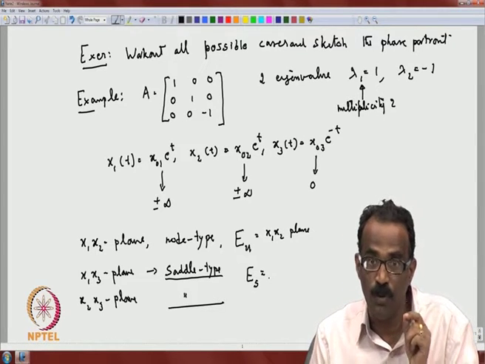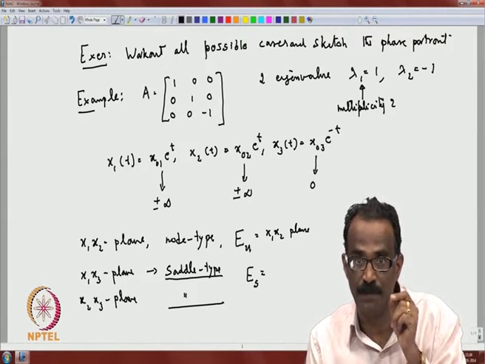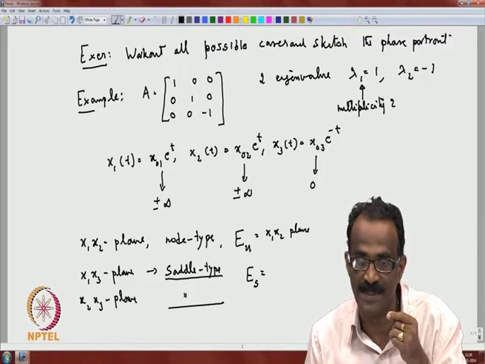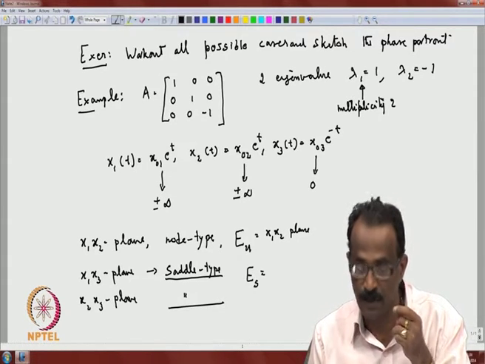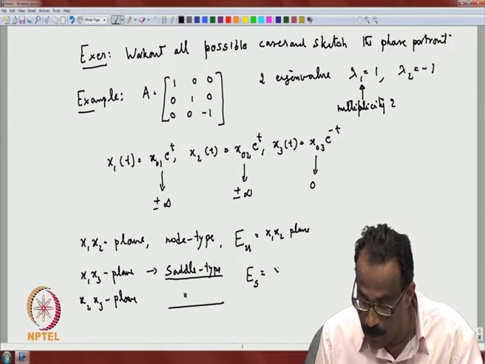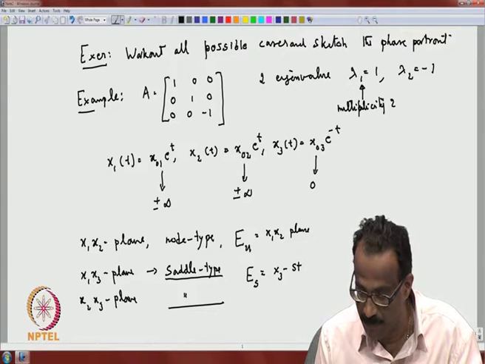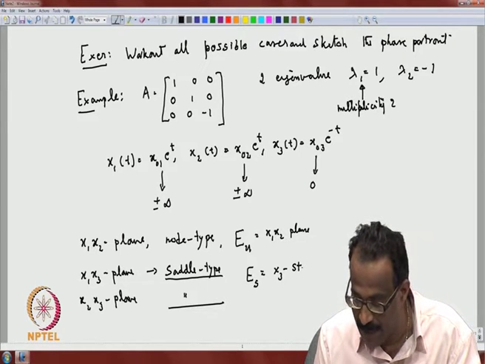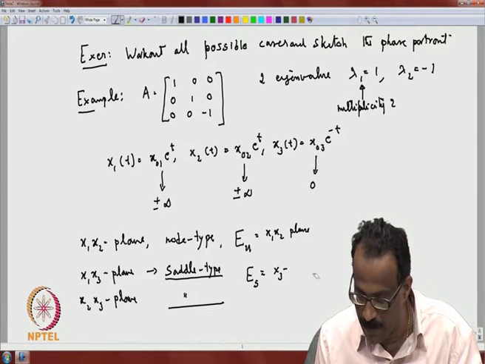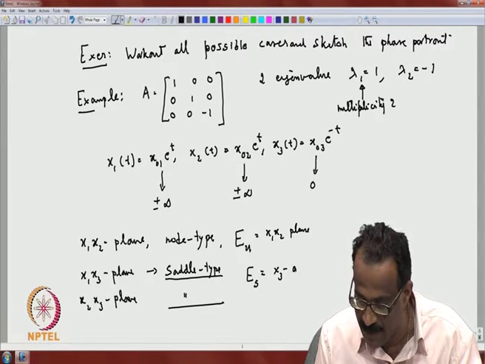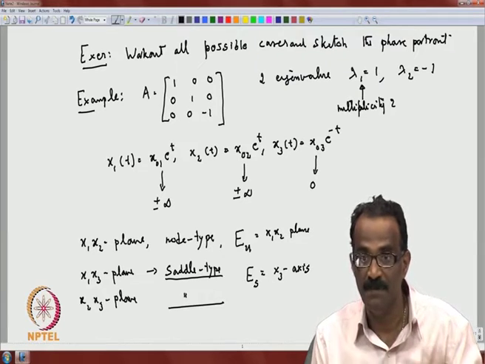But if you take an initial point on the x3 axis, you will get a stable space. So, the x3 axis is your stable subspace, and this is the unstable subspace.